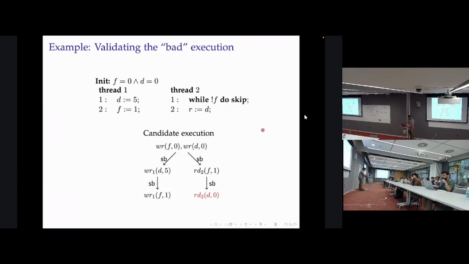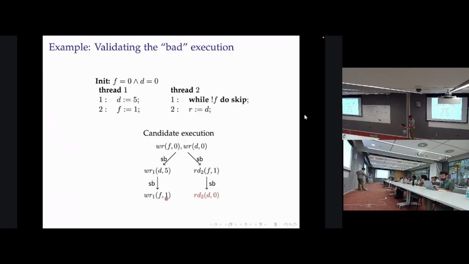Now, in this C model, the way the program is written at the moment, it's actually possible to get this sort of bad behavior where you read, so this is a read event, that f is 1, that's okay. But you also read that d is 0. This is because of weak memory.